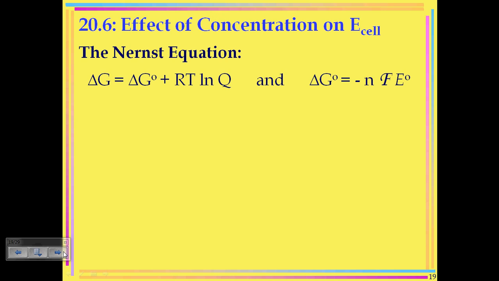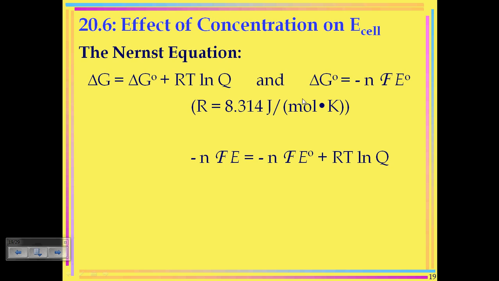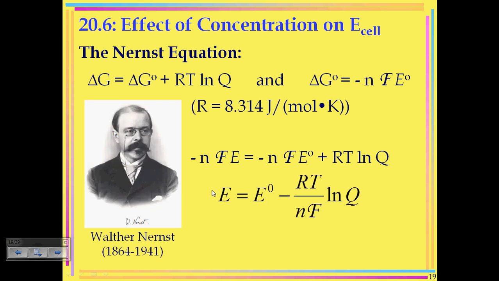But what if it's a non-standard condition? Remember Nernst equation from last chapter? Delta G is delta G0 plus RT natural log of Q. Now we're going to use Nernst equation with E0, and if we substitute delta G with negative NFE, the form of Nernst equation we get is this: E is equal to E0 minus RT over NF natural log of Q, where E is cell potential under non-standard conditions, E0 is cell potential under standard conditions, R is 8.314 joules per mole Kelvin, T is temperature in Kelvin, N is number of moles, F is a constant, natural log of Q, Q is reaction quotient, products over reactant for aqueous or gaseous systems.